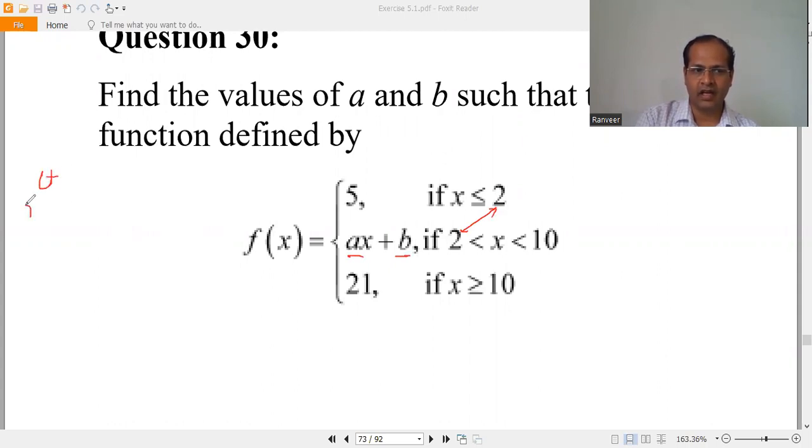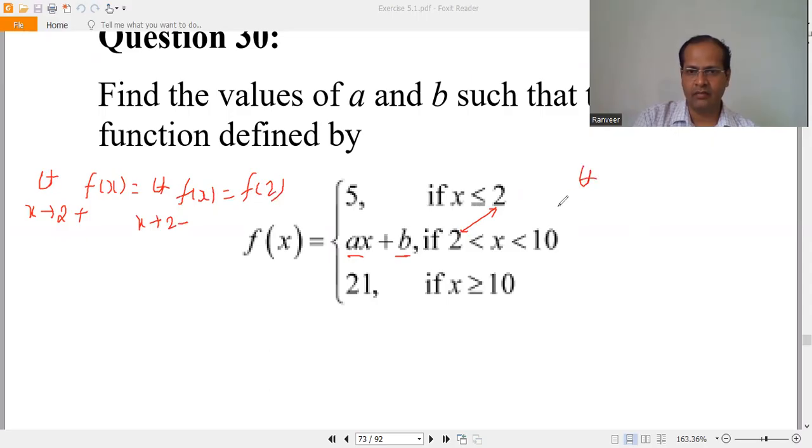We can write limit x tending to 2 plus f(x) equal to limit x tending to 2 minus f(x) equal to f of 2. And here we can write limit x tending to 10 minus f(x) equal to limit x tending to 10 plus f(x) equal to f of 10.